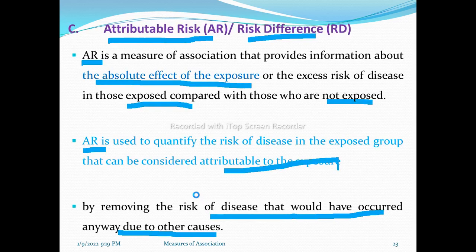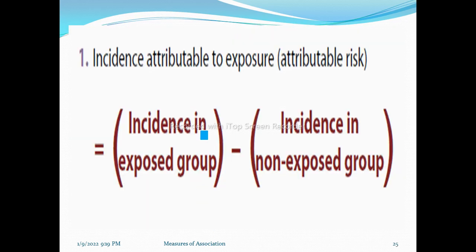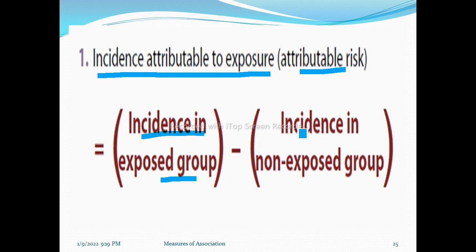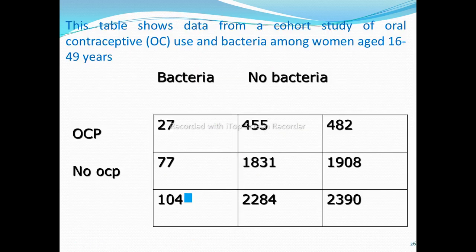So attributable risk, the incidence attributable to exposure, is equal to the incidence in the exposed group minus the incidence in the non-exposed group. So after subtracting the non-exposed group, we get the incidence in the exposed group due to that risk factor. This is a very important concept.